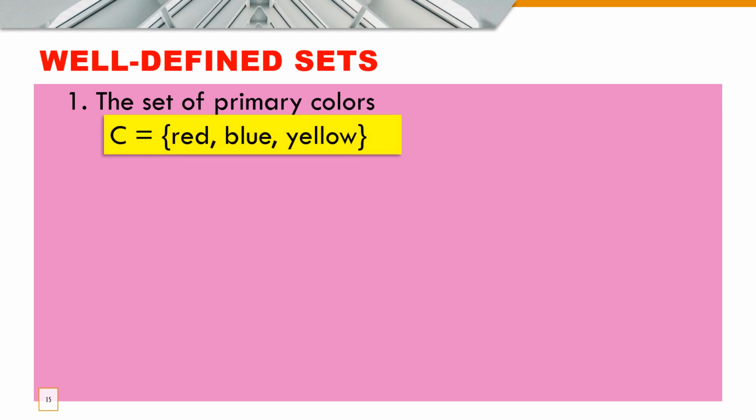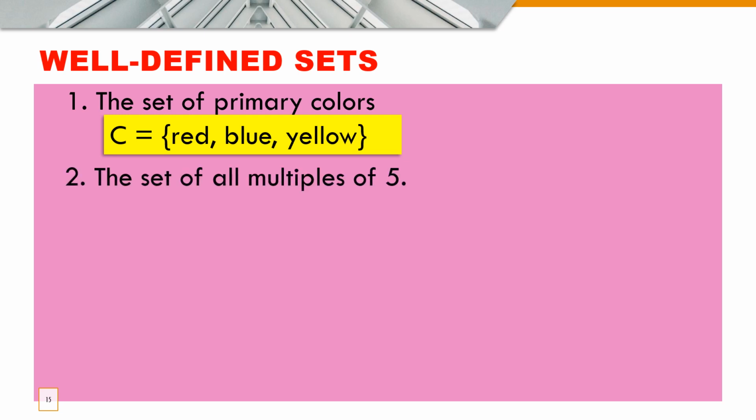Correct. We have the red, the blue, and the yellow. This group of objects is well defined. Why? Because they share a common characteristic, and that is they are the primary colors.